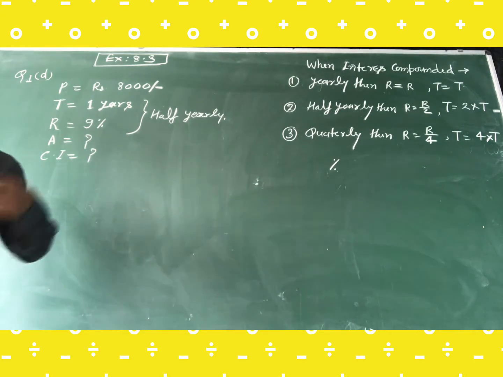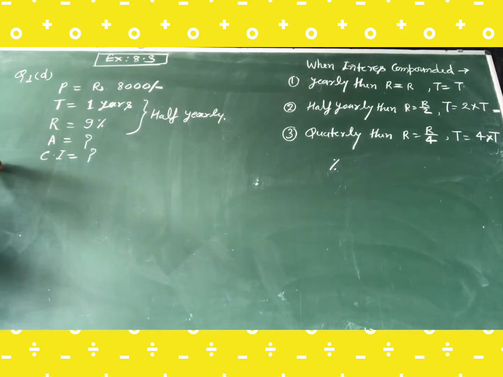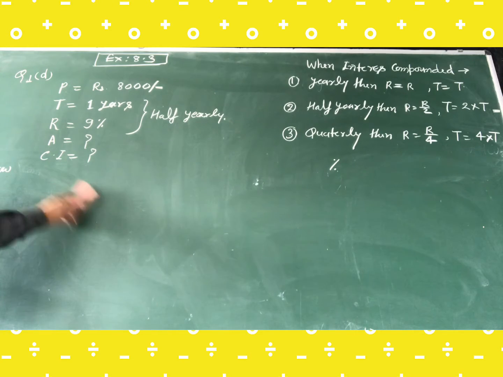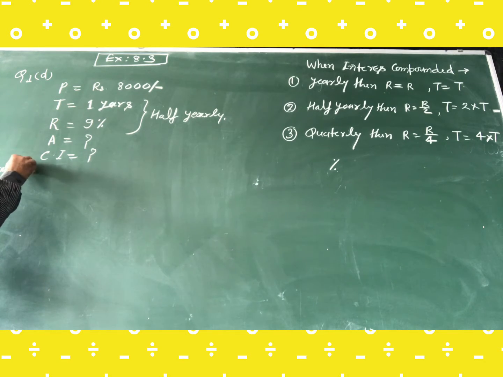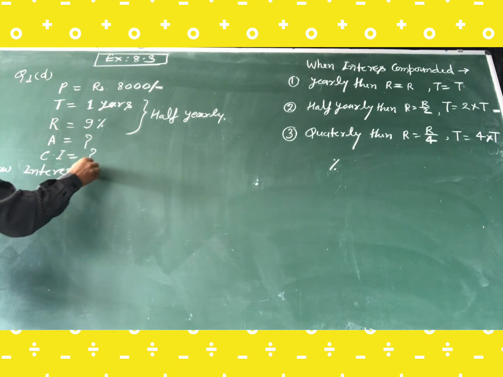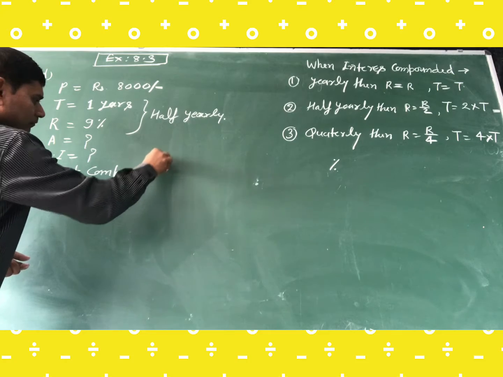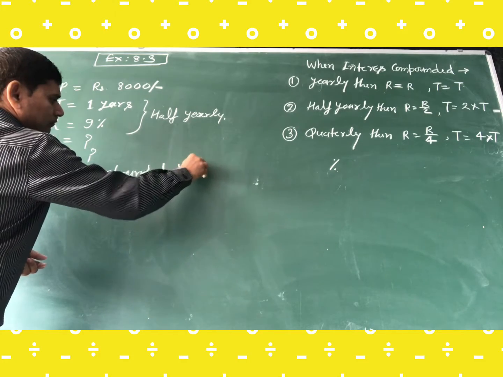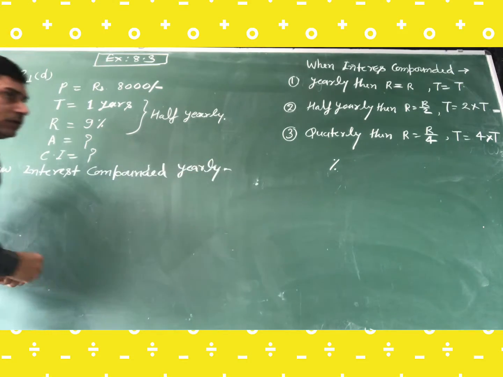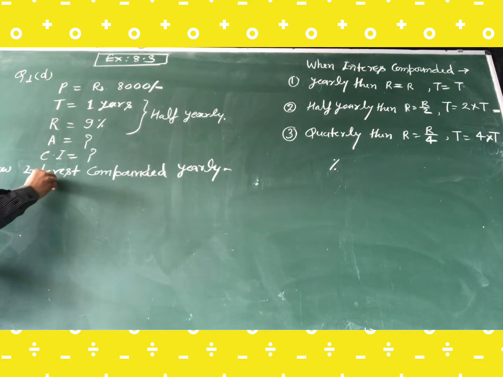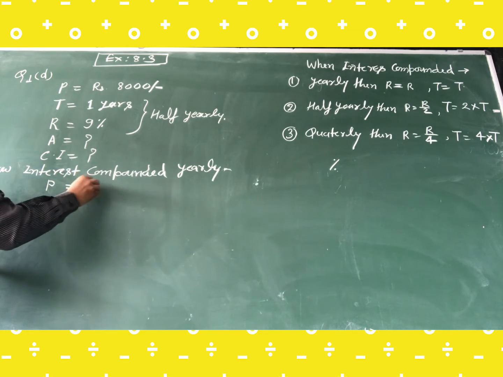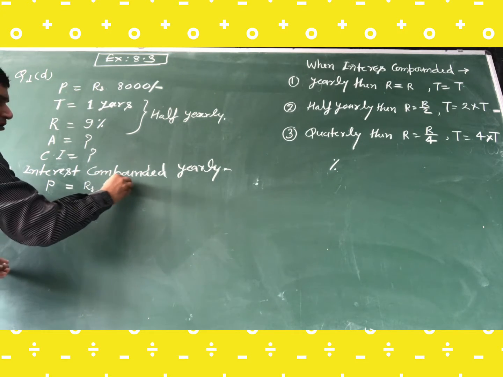Half yearly means here you will convert this into interest compounded yearly. You will write the principal same to same, that is rupees 8,000, no change.